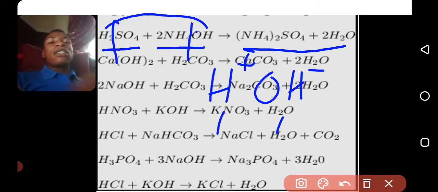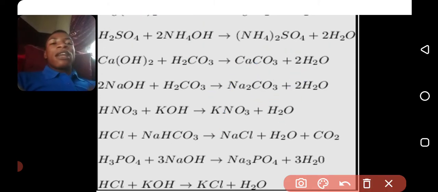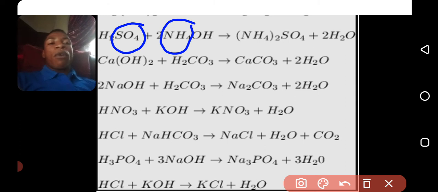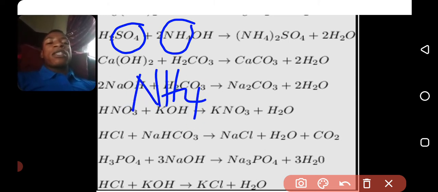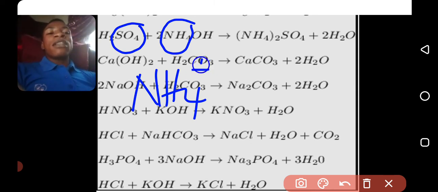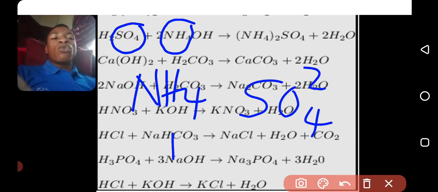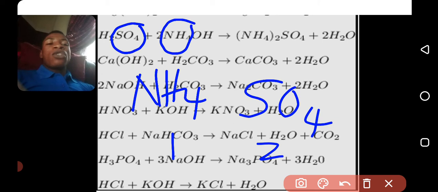Now in the second instance, the SO4 picks up NH4. NH4 is positive; if you check your radical table, it is a plus, meaning the valency is 1. SO4, if you check your radical table, is 2 minus, meaning the valency is 2. Did you see that? So you exchange your valencies.